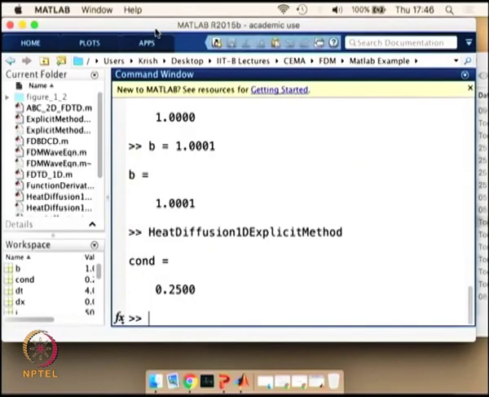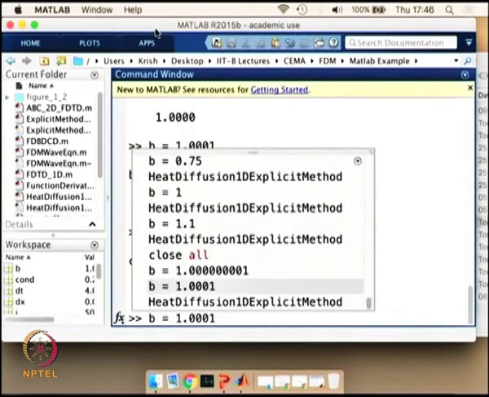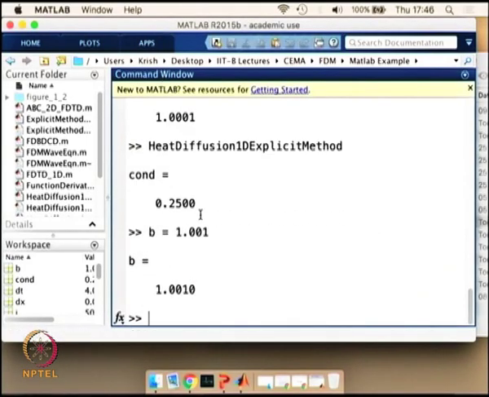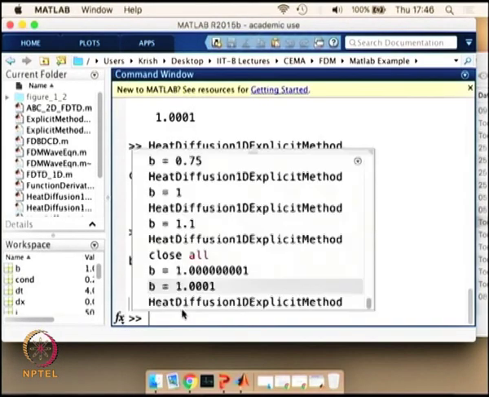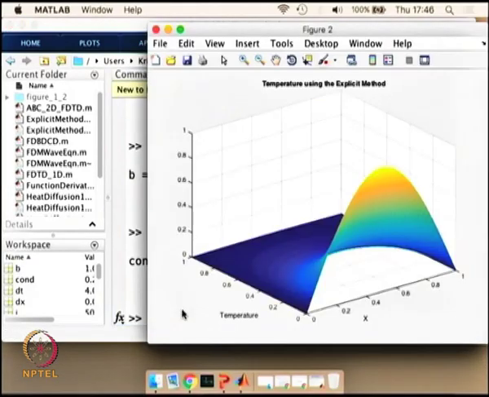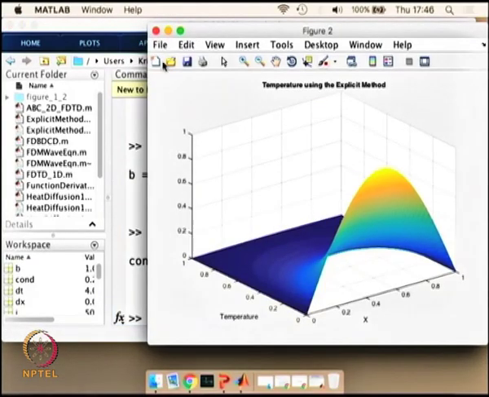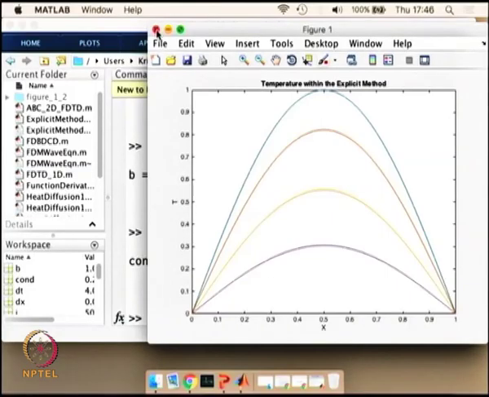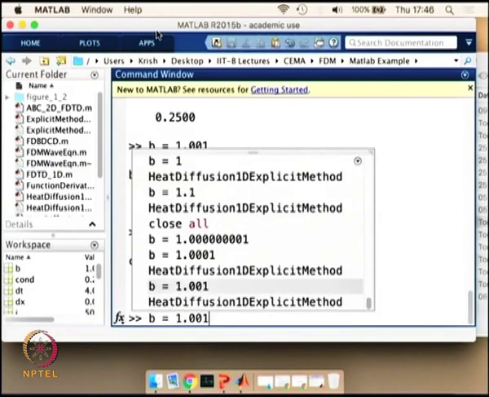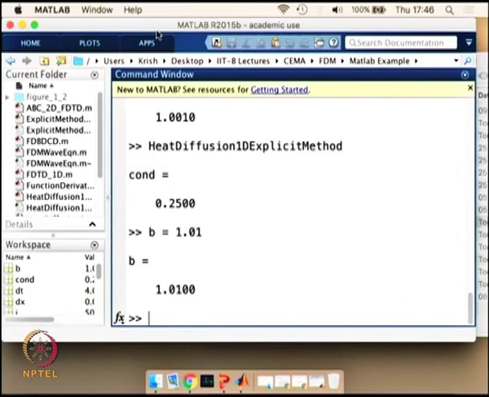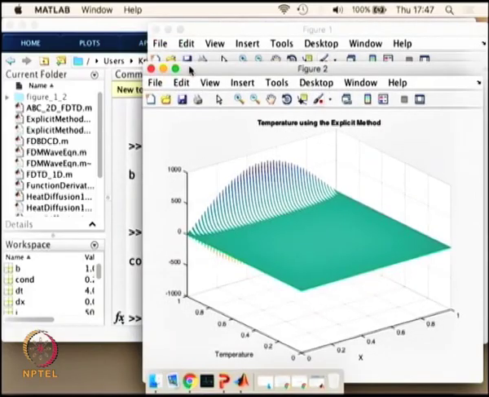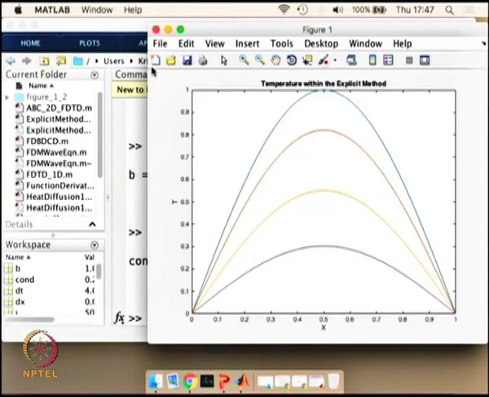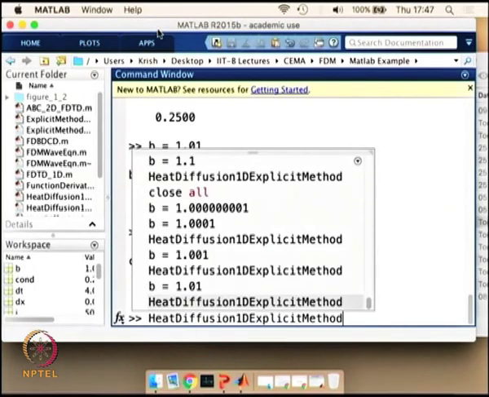It's still okay, but if I go 1/100th the point more than the accepted value, it's still okay. So 1/10th more than the expected value. Now I start to see the instability coming into play. The solution still looks okay, but the instability is already starting.